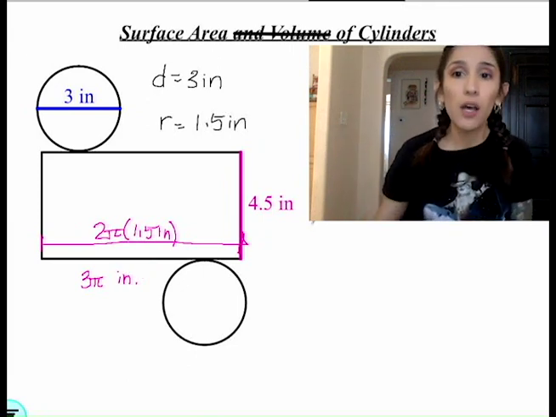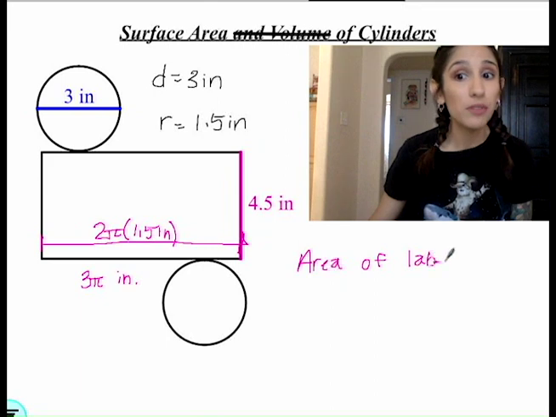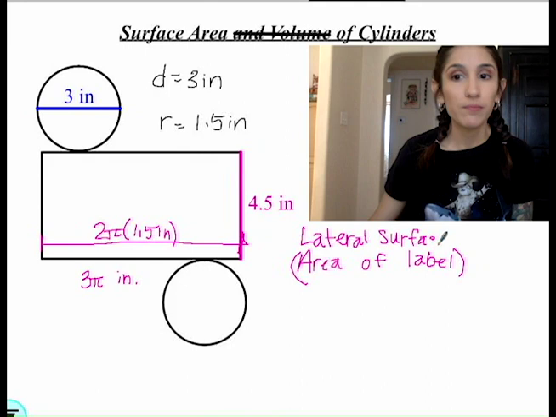Over here to the right, I'm going to say that the area of the label, and really the area of the label is the lateral surface area, is really the area of this rectangle. So it should be length times width.